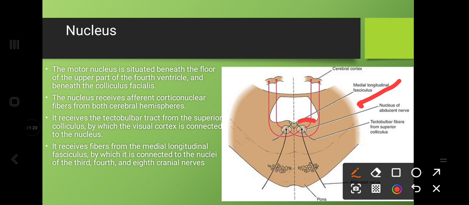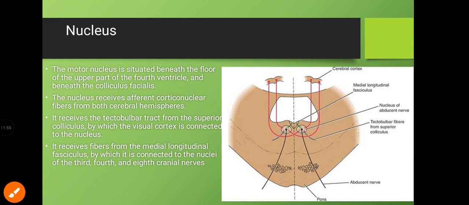In the posterior aspect of the pons, there is the facial colliculus. This facial colliculus is formed by the nucleus of the abducent nerve and the axon of facial nerve. The abducent nucleus receives corticonuclear fiber from both cerebral hemispheres and is connected to the third, fourth, and eighth cranial nerve by medial longitudinal fasciculus.